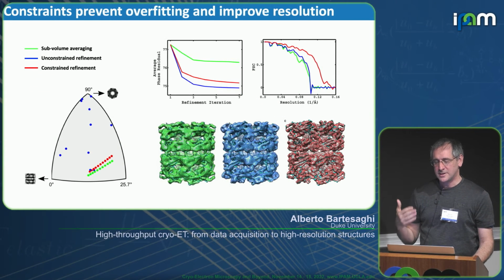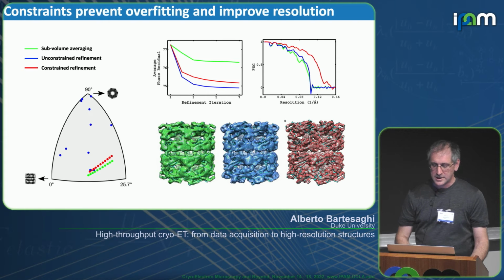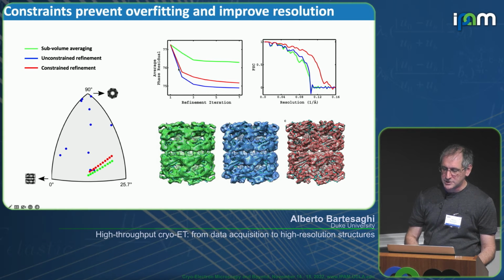So this is where the constraints come in place and why they are so important, right? So now, if I actually impose the constraints, my objective is going to be better than sub-tomogram averaging, but it's not going to be as good as the blue line, and that's because I'm forcing these guys to be on the straight line, right? So that's what the constraints are actually doing.